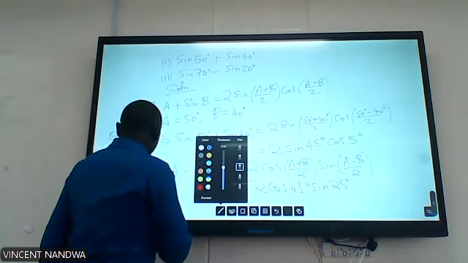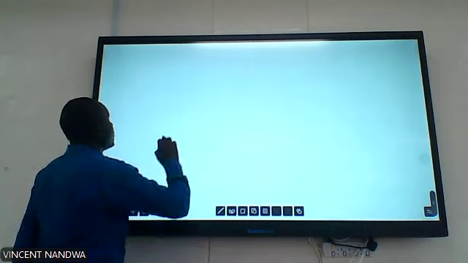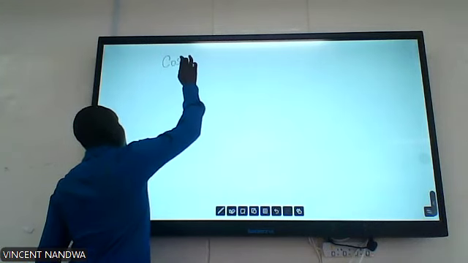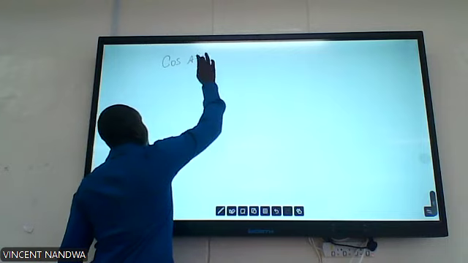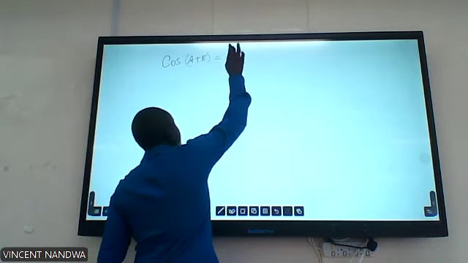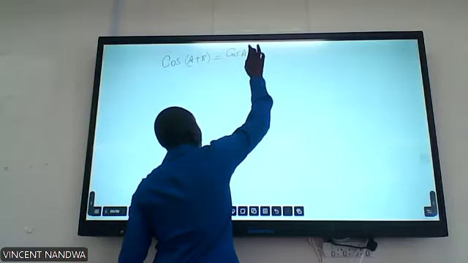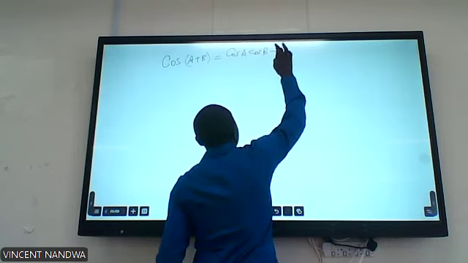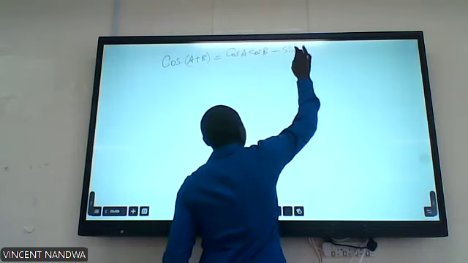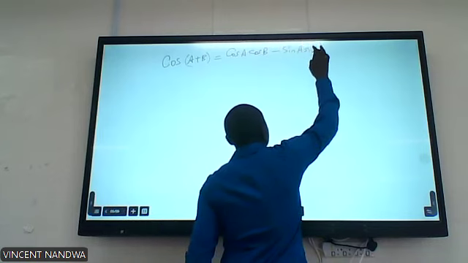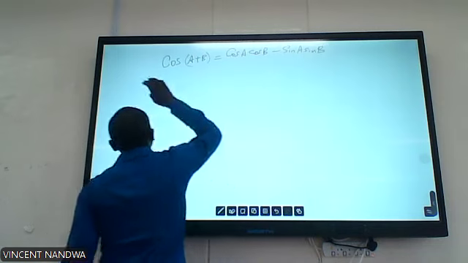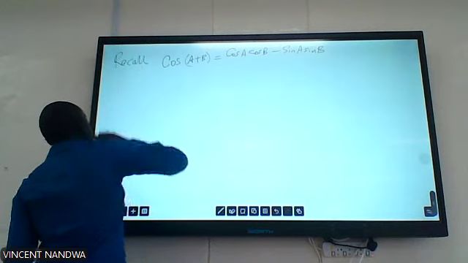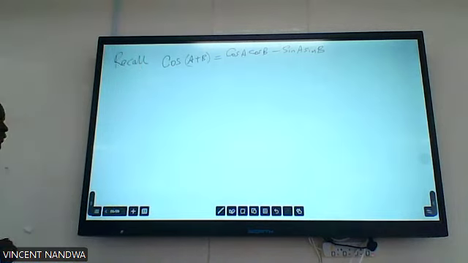Now, before I move away from this double angles formula, so we are saying that cosine of A plus B is cosine of A, cosine of B, minus sine of A, sine of B. We have this relation.